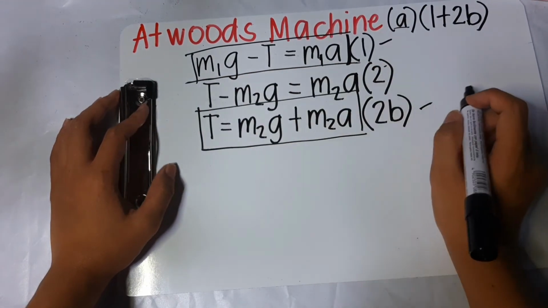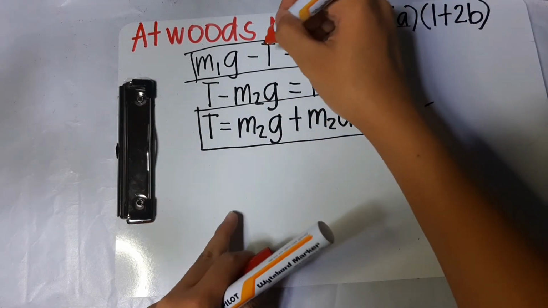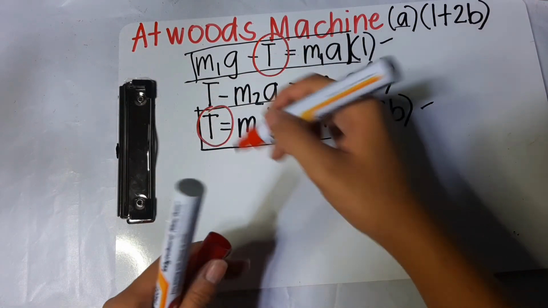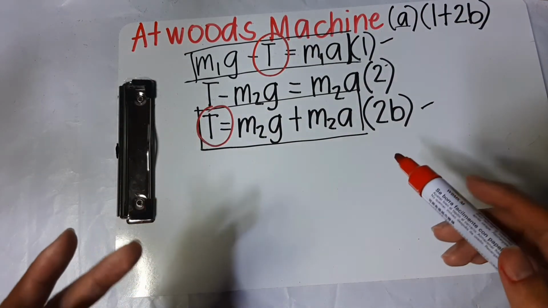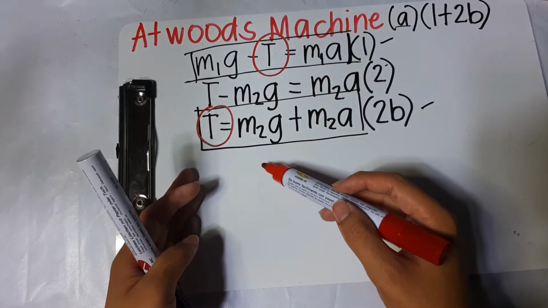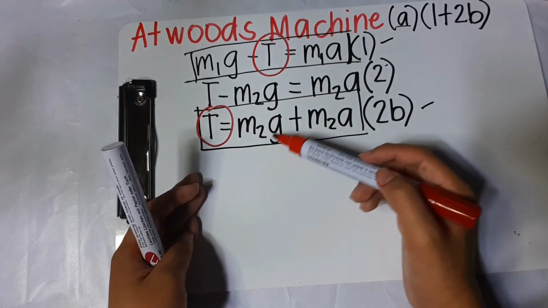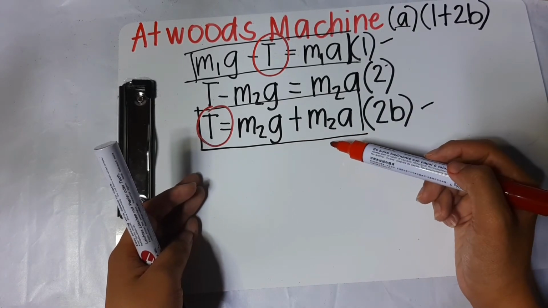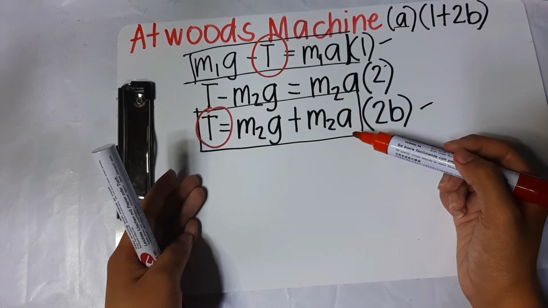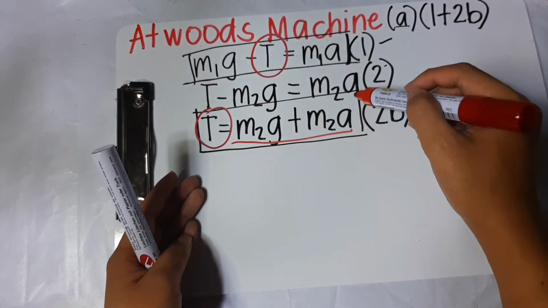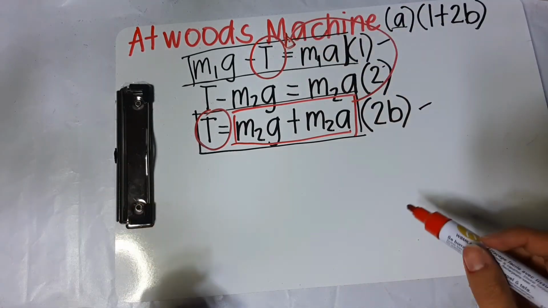If you notice, we have the letter T in both equation 1 and equation 2b. Since the value of T in equation 2b is mass 2 times gravity plus mass 2 times acceleration, we are going to substitute this value for T in equation 1.